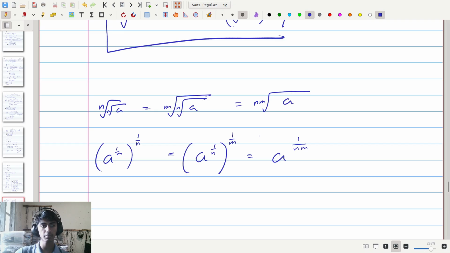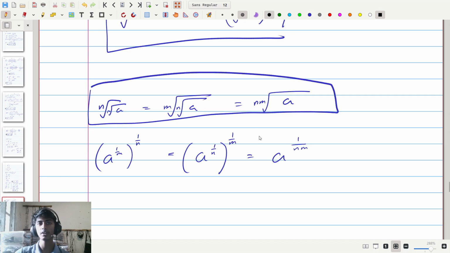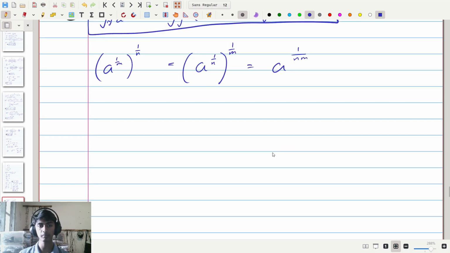So here, giving a simple example, we'll put a box around this first. We'll put a box around this, saying that this is a useful index rule. This is the equivalent of saying, given some example, if we have the square root of the cube root of 6, this is the same as the cube root of the square root of 6.